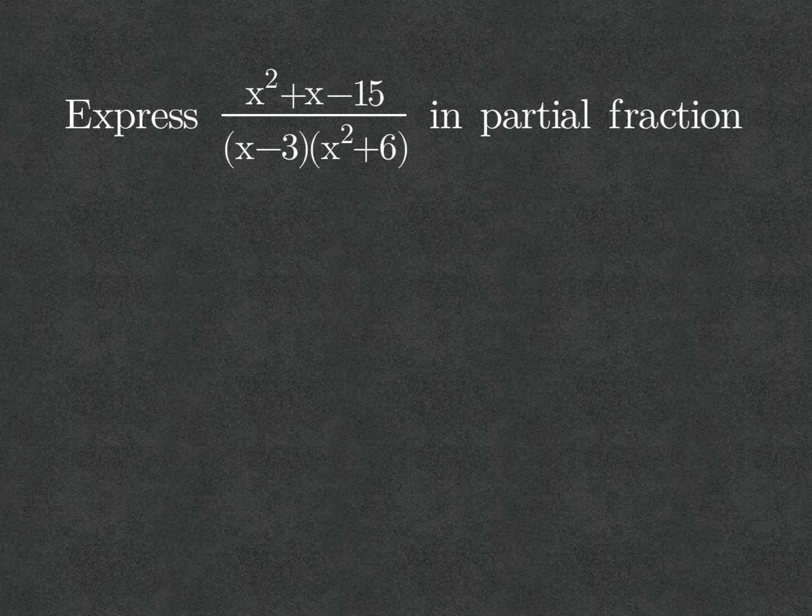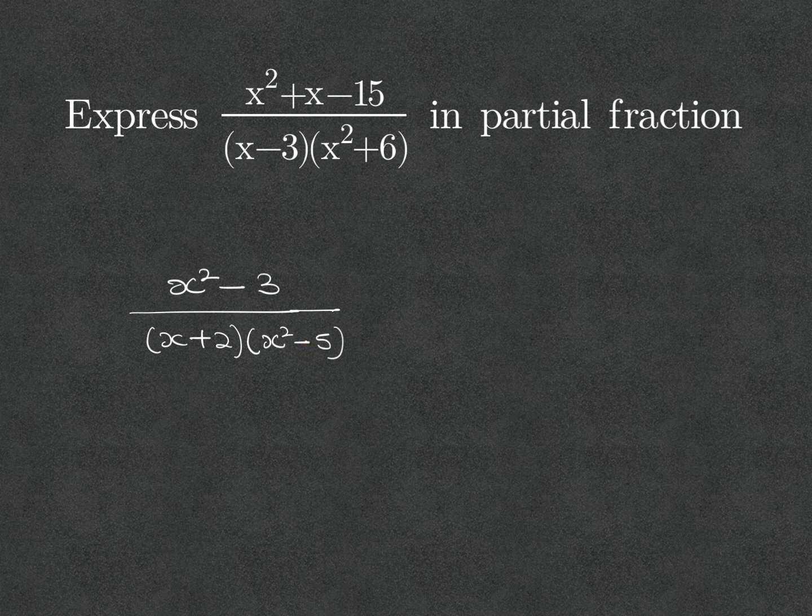Let's give some examples. So let's say we have x squared minus 3 all over x plus 2 into x squared minus 5. Here we have a quadratic function x squared minus 5 that we cannot factorize.